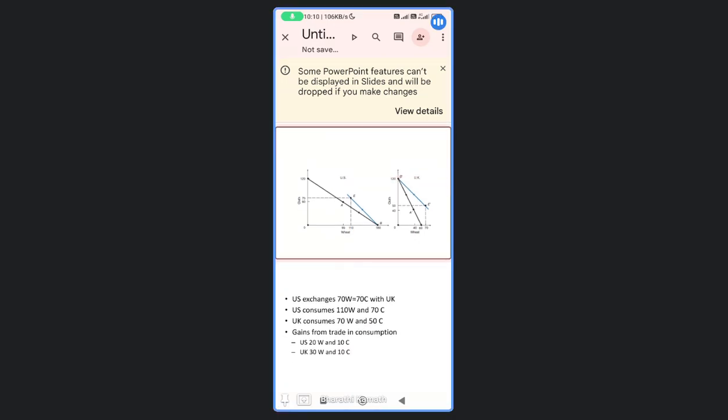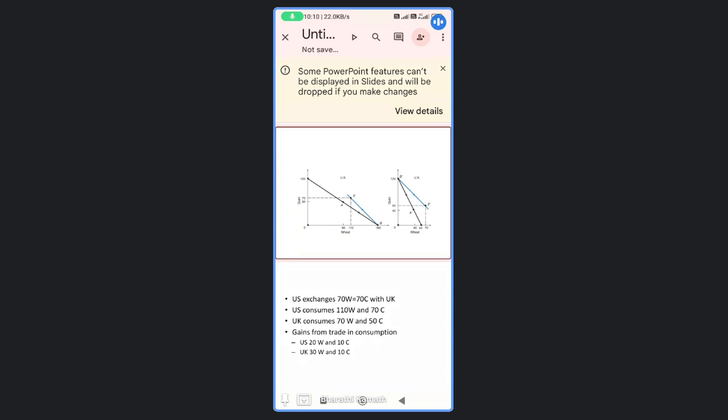Okay, so here what I'm saying is that US produces all wheat, and UK produces all cloth. So the maximum production US can do is 180, and the maximum production that UK is doing is 120.